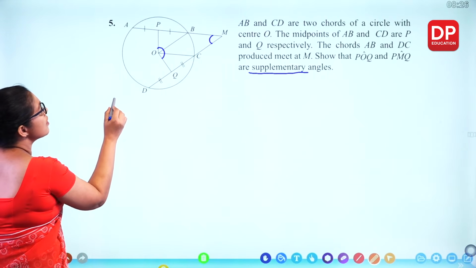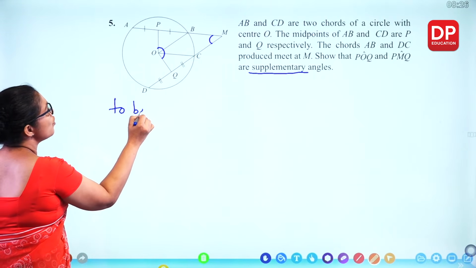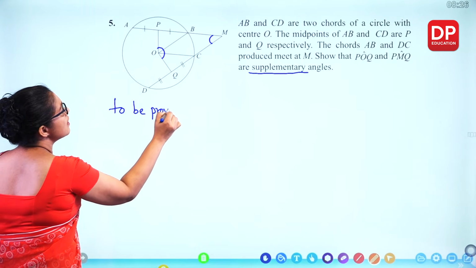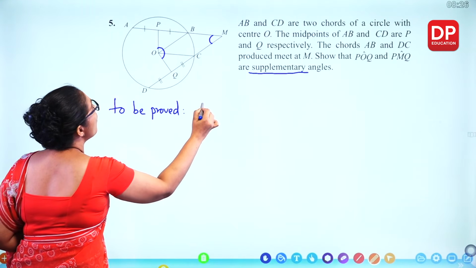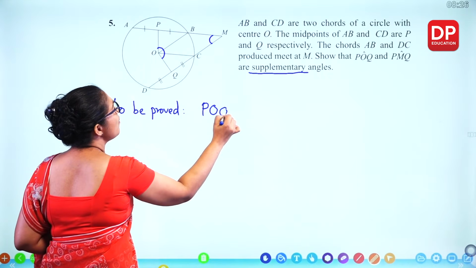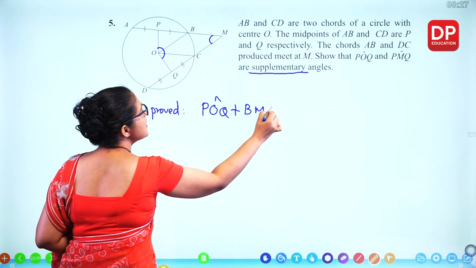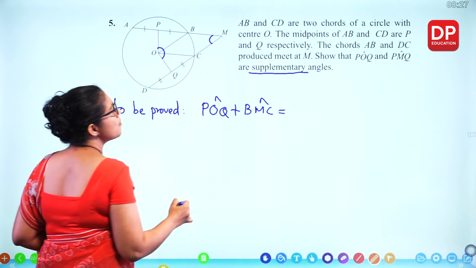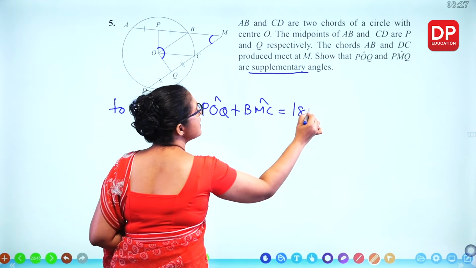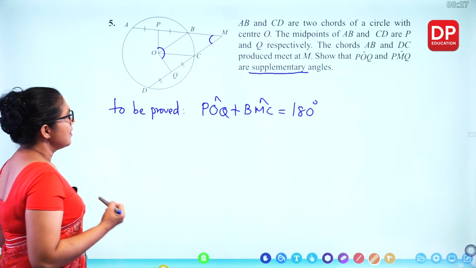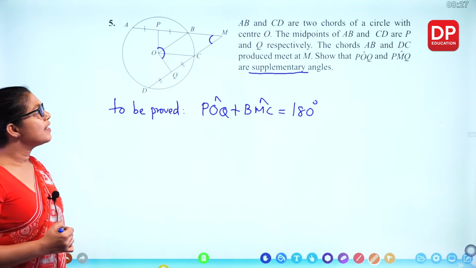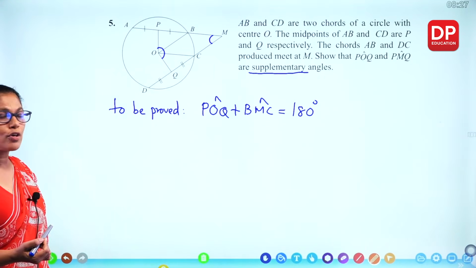What do we need to prove? POQ angle plus BMC angle should be equal to 180. Now, what information is given here? This is about chords.